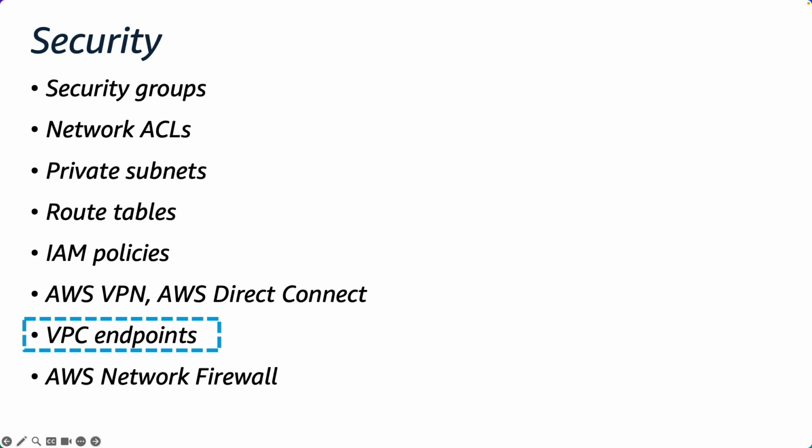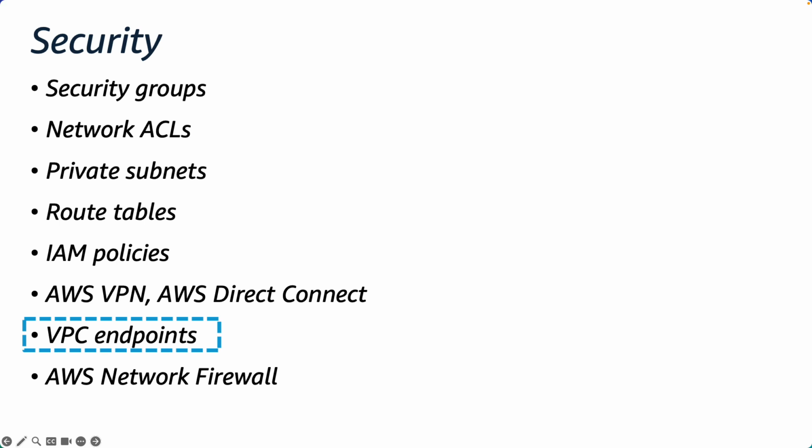Each VPC endpoint is represented by one or more Elastic Network interfaces with private IP addresses in your VPC subnets. So if you have an application inside your Amazon VPC, it uses AWS PrivateLink to communicate with SageMaker runtime. SageMaker runtime communicates with the SageMaker endpoint.